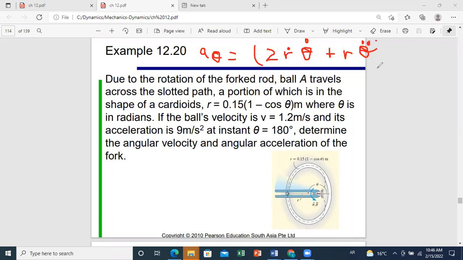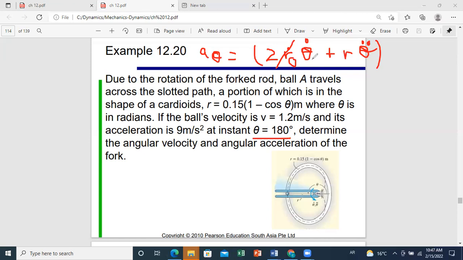Now we have already computed together the value of r dot at 180. We have seen that at 180 r dot is 0, so this term will cancel out. And we just have that a theta is r theta dot dot.